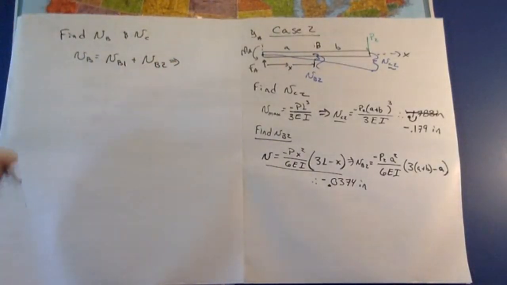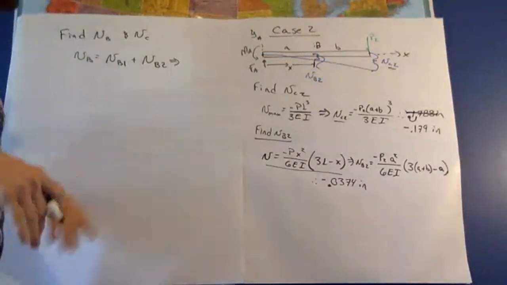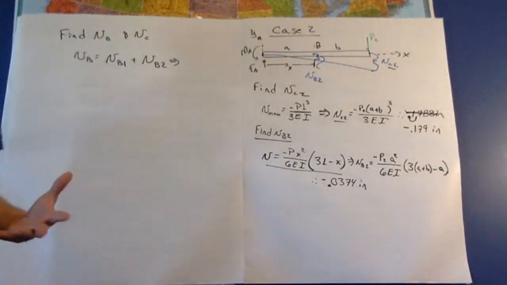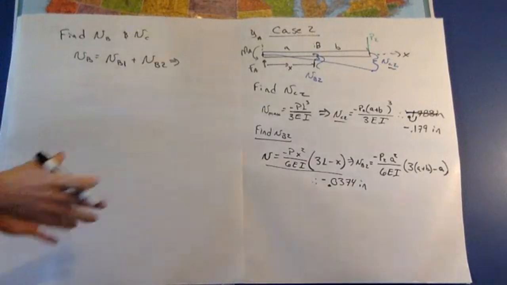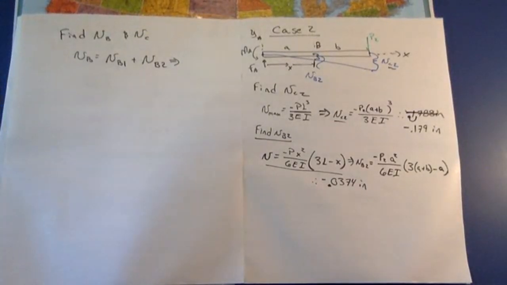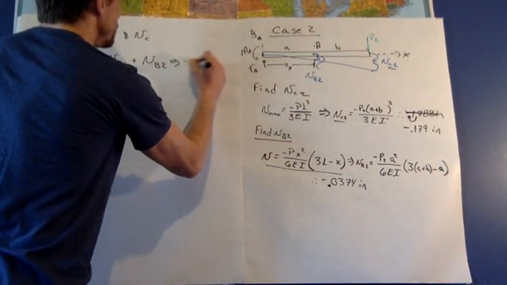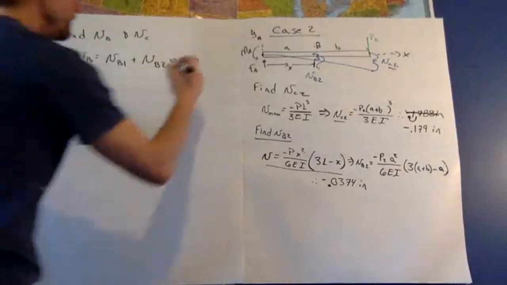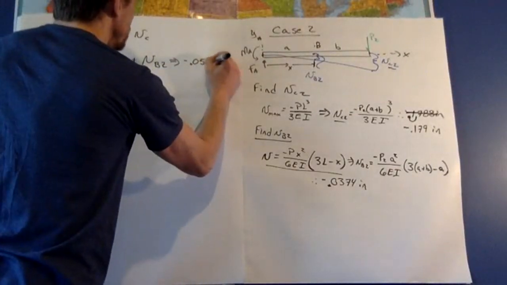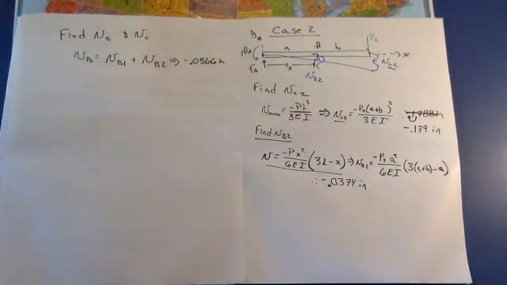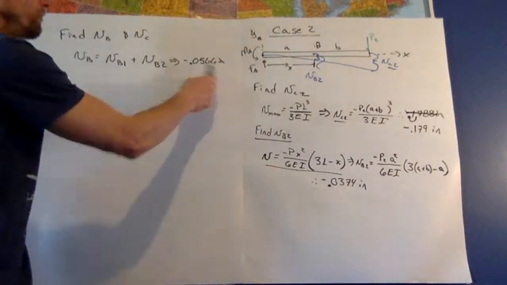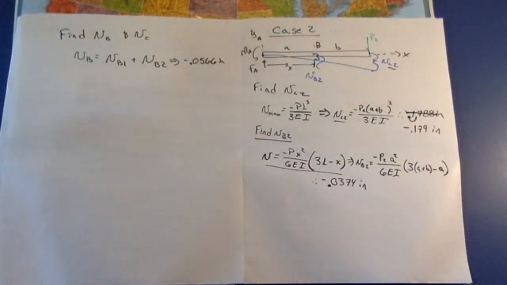That's all we do, because we can use the superposition method. It makes it fairly easy to just add the two displacements together from the different cases. So in VB, we have a negative 0.056 inches. Both of these cases added together give 57 thousandths of an inch of displacement, approximately.